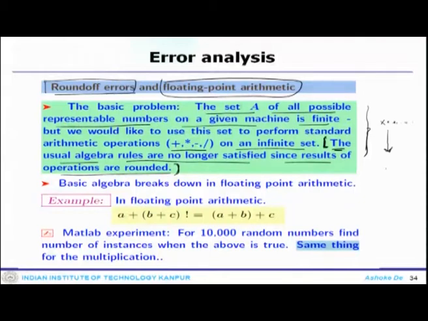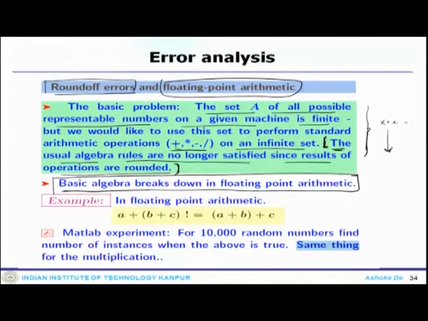The backbone of that is the set of arithmetic operations that we are carrying out, which do not follow the usual algebra rules, and that is why the rounding off happens. So, that tells us that basic algebra breaks down in floating point arithmetic. That is what the problem is.